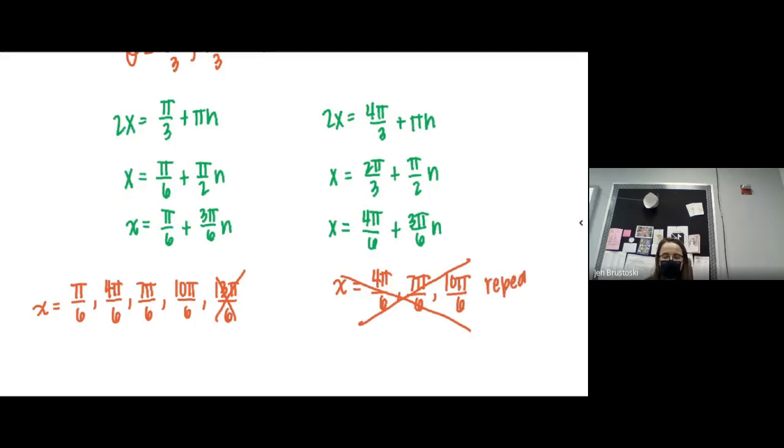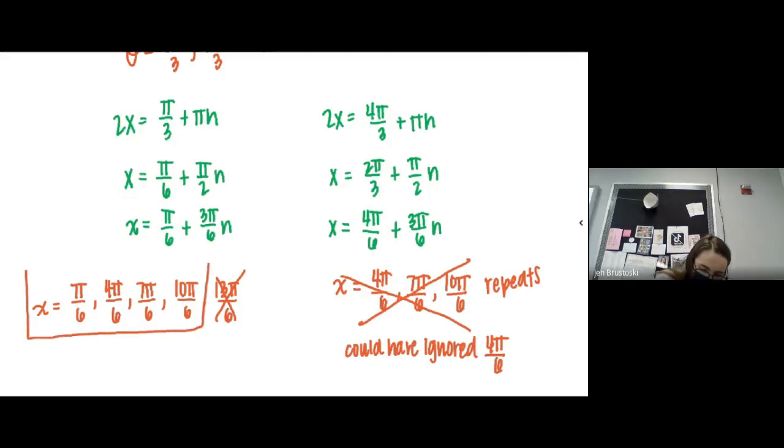So we could have initially ignored 4 pi over 6 earlier, or 4 pi over 3, or whatever you want to say. Okay, so these right here are answers between 0 and 2 pi, where if we plugged them into our initial equation, we would get radical 3.